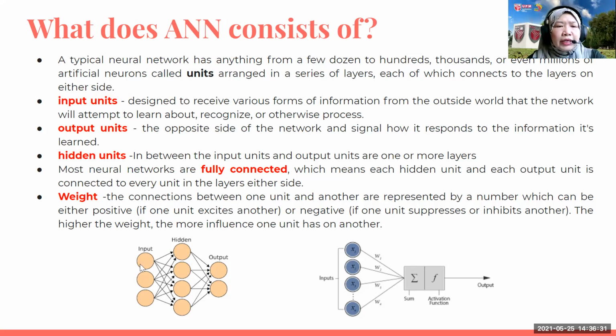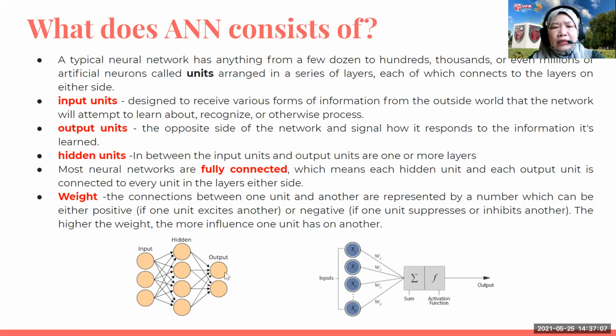So the input is the most important part, because you need to know whether the values can be inserted into the ANN model, and whether there is any pattern that can be observed by the network in order for you to do classification or prediction. The output unit is the opposite side of the network. Output can be the classes or groupings.